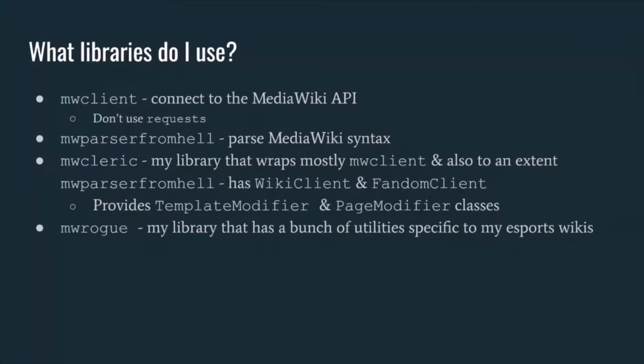But for the past month and a half or so, I've worked on splitting it out. MW Cleric is a strictly general purpose MediaWiki library that makes a lot of stuff incredibly easy to do, which I'll demo later. Hopefully I'll have enough time to live demo it, but I also have some screenshots in the presentation later. And MW Rogue is specifically stuff for Leaguepedia and my other esports wikis.